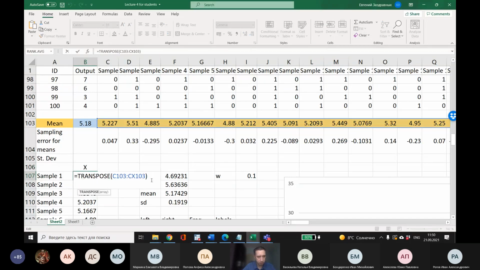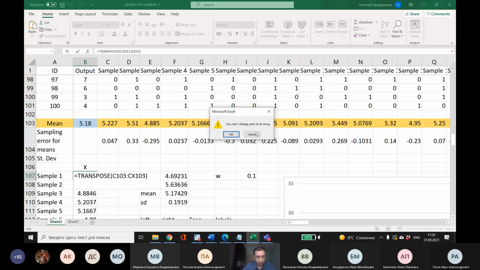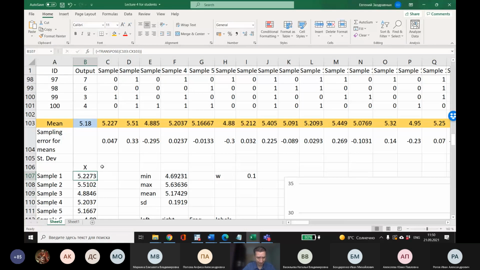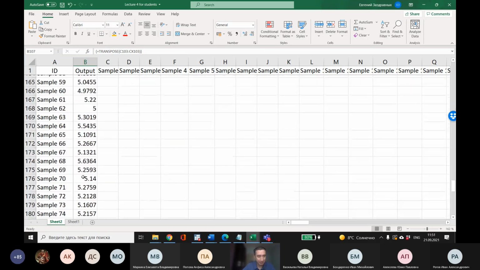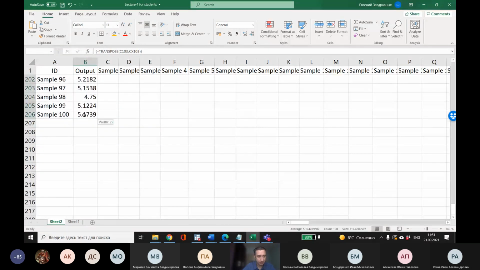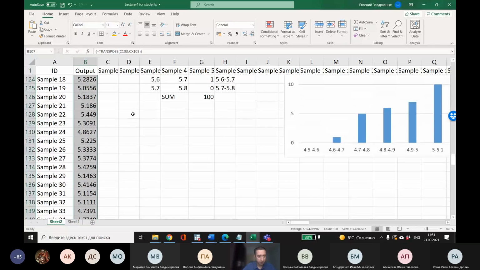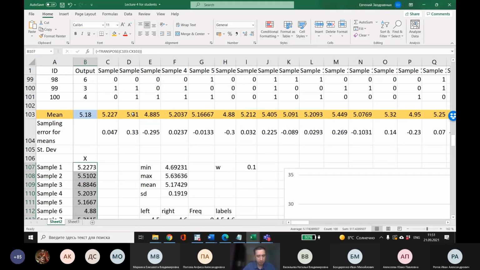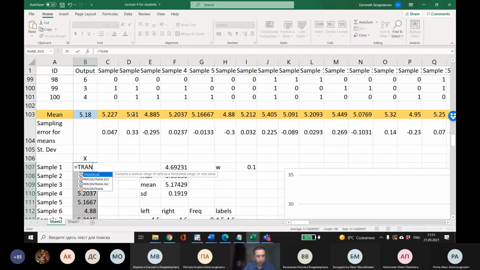You have to use the TRANSPOSE formula in Excel to transpose this row. To do this, you should select a range. You should select 100 empty cells. Once you select 100 empty cells, you should type TRANSPOSE, and next you should select your sample averages.